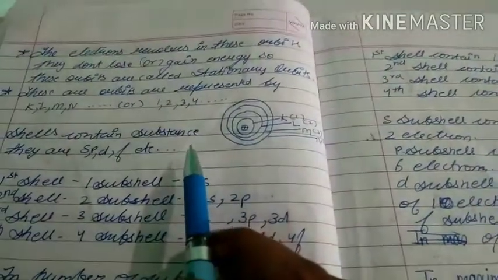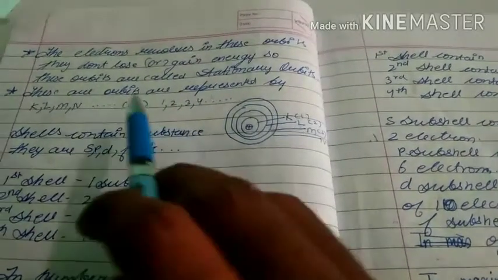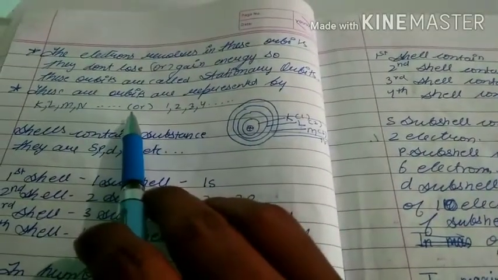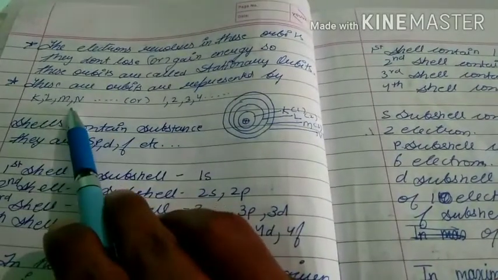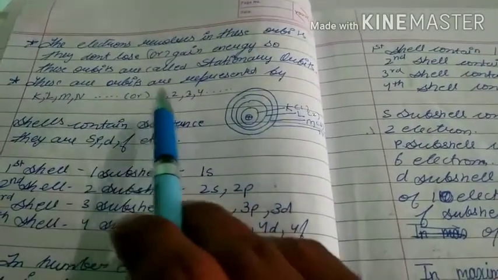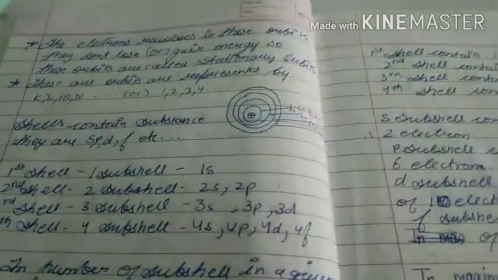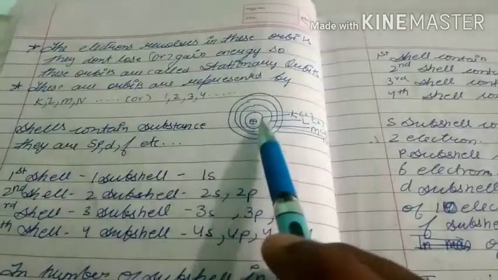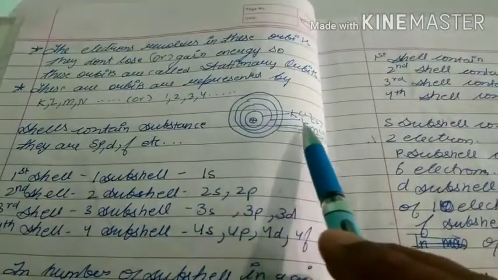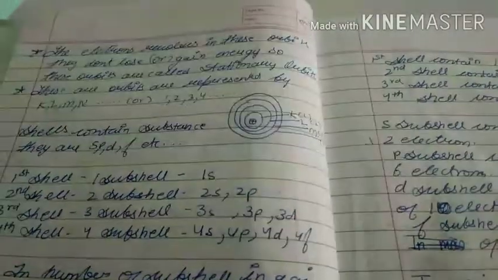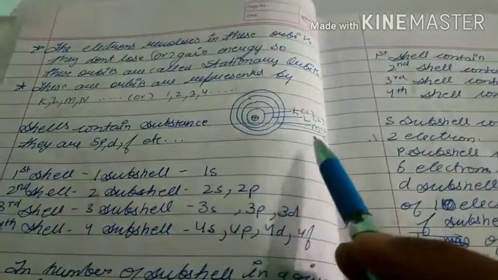Next, these are represented by K, L, M, N, or 1, 2, 3, 4. That means these orbits are represented by capital letters K, L, M, N, O like that, or simply 1, 2, 3, 4, and so on.